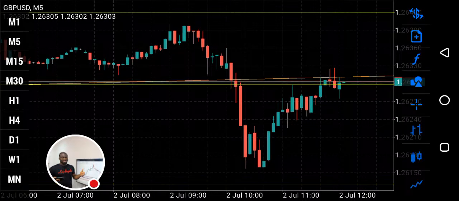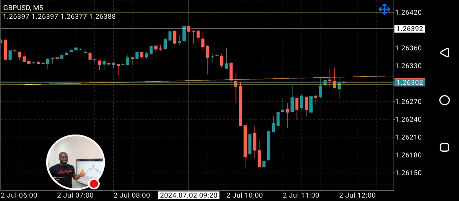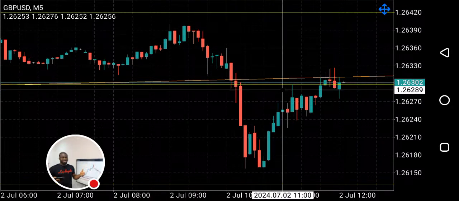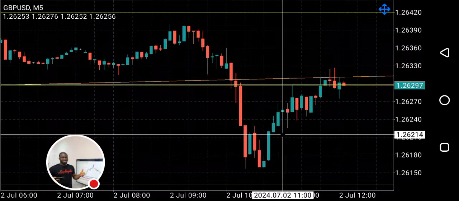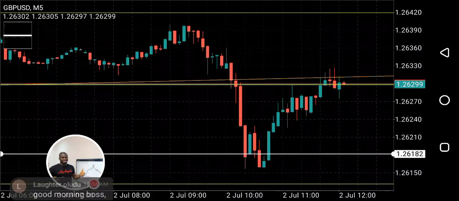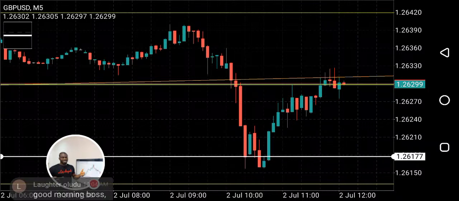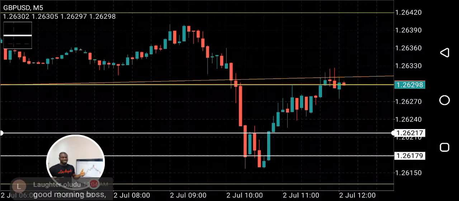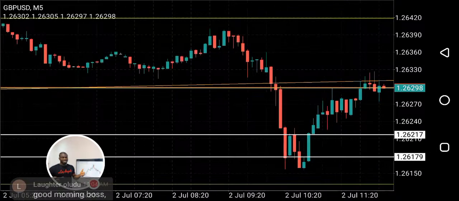We could wait for this structure to be cleared and wait for a pullback. You can see a fair value gap was created here. If you want to buy, I would suggest you wait for price to pull back and fill this fair value gap before you buy.